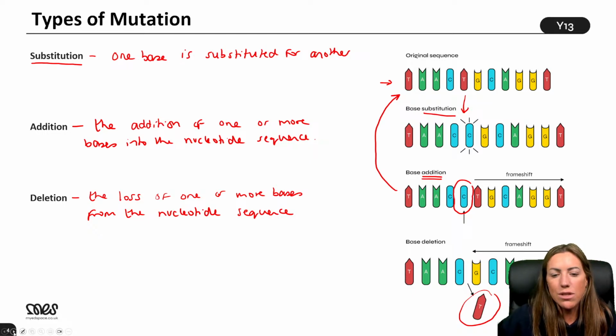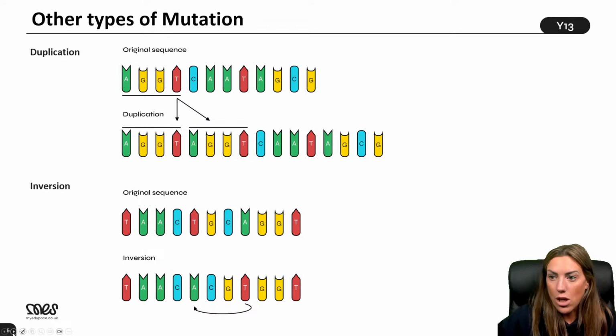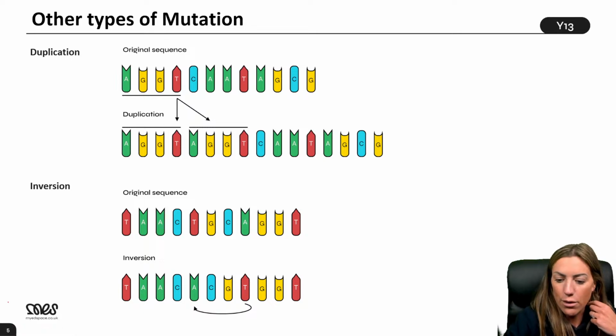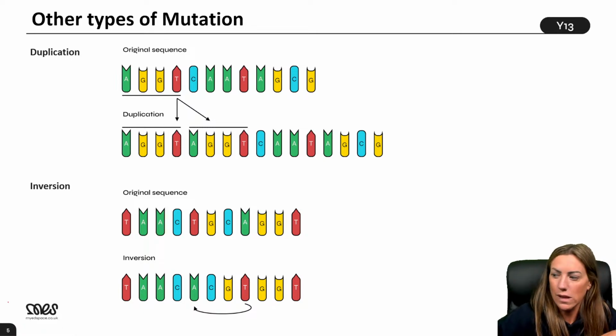Let me just introduce a couple of other types and you can tell me whether you've heard of these before, whether you know what they are. So we've got duplication mutations and we've got inversion mutations. Now, who's heard of these ones before?